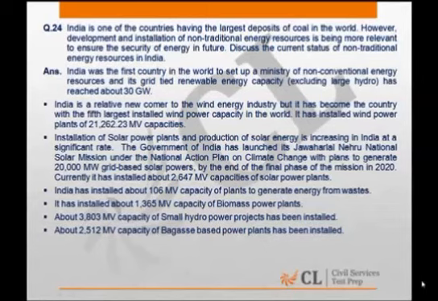So we can see that in the recent past, India has witnessed many developments in solar energy installation capacity, increasing continuously in the form of solar energy and wind energy, as well as hydroelectric energy.